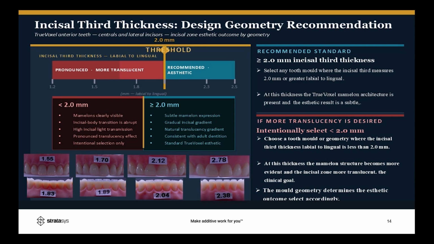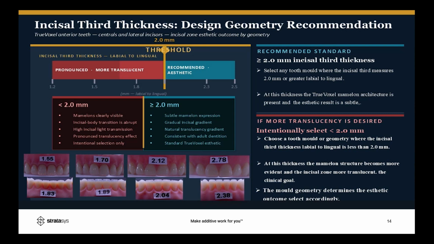And some people want to show more translucency. So then you'll select a mold that is a little bit thinner in the incisal area. As you can see, below in the mandibular anteriors, the 1.9 has much more translucency than the 2.38 or the 2.04 incisal third thickness from labial to lingual surfaces.